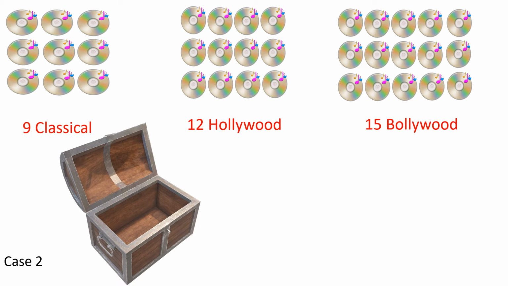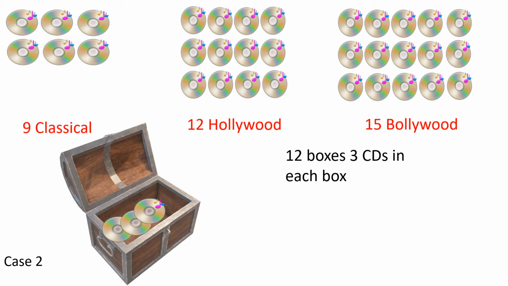He will put 3 classical CDs in one box at a time, and he will make 2 more boxes of classical CDs. In the same way, 3 Hollywood CDs in one box, so 4 boxes for Hollywood CDs, and 3 Bollywood CDs in one box, so 5 boxes for Bollywood. So in that case he can make 12 boxes with 3 CDs in each box.